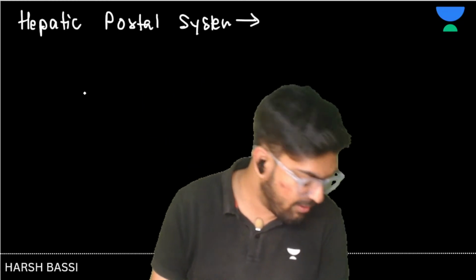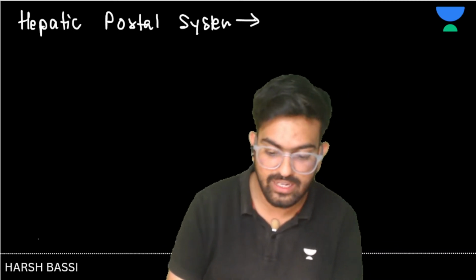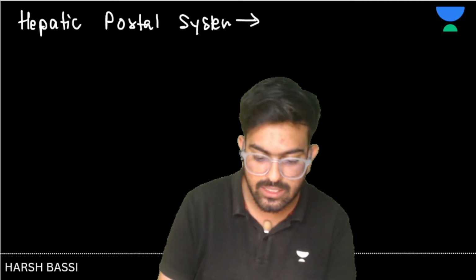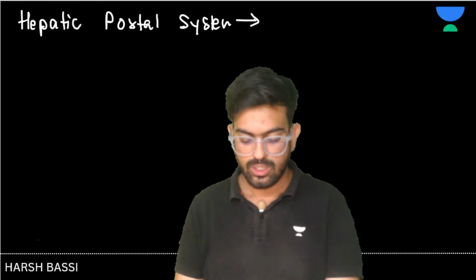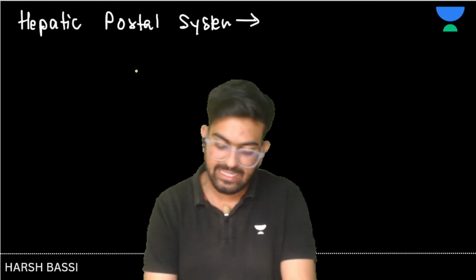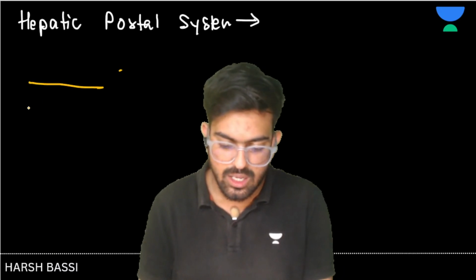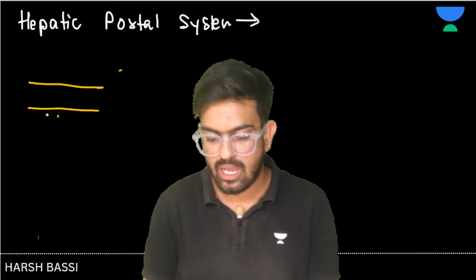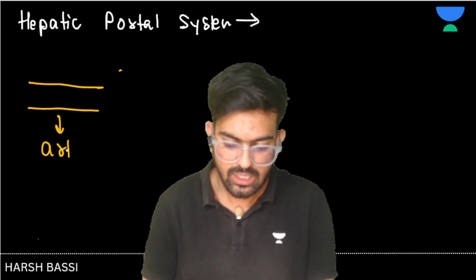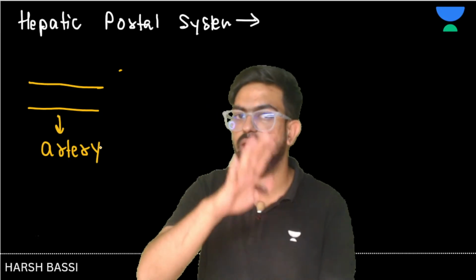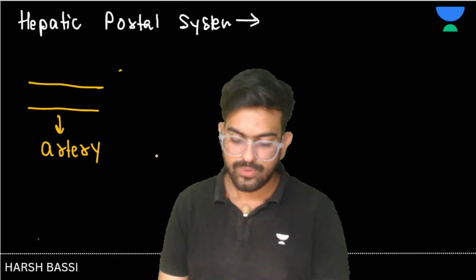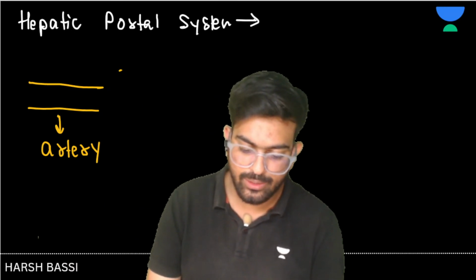See, the number one organ involved here is the liver. Yes or no? It is the liver and intestine, right? So see here, what is happening? An artery is coming from the heart and entering the small intestine.